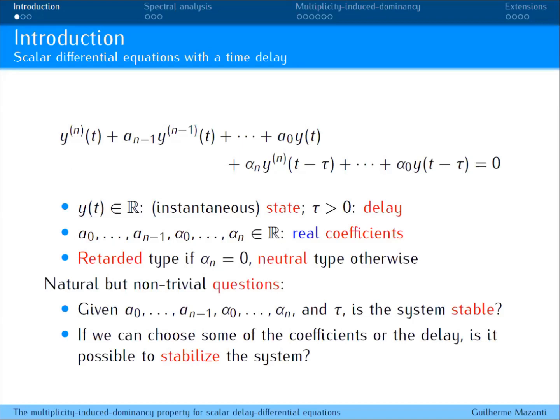One of the questions we may ask is: is the system stable, and can I compute its stability algorithmically from its parameters? If I have these numbers, a0 until an minus 1, alpha 0 until alpha n, and the delay tau, can I implement some algorithm that will take these numbers and give as an answer if the system is stable or not, for instance?